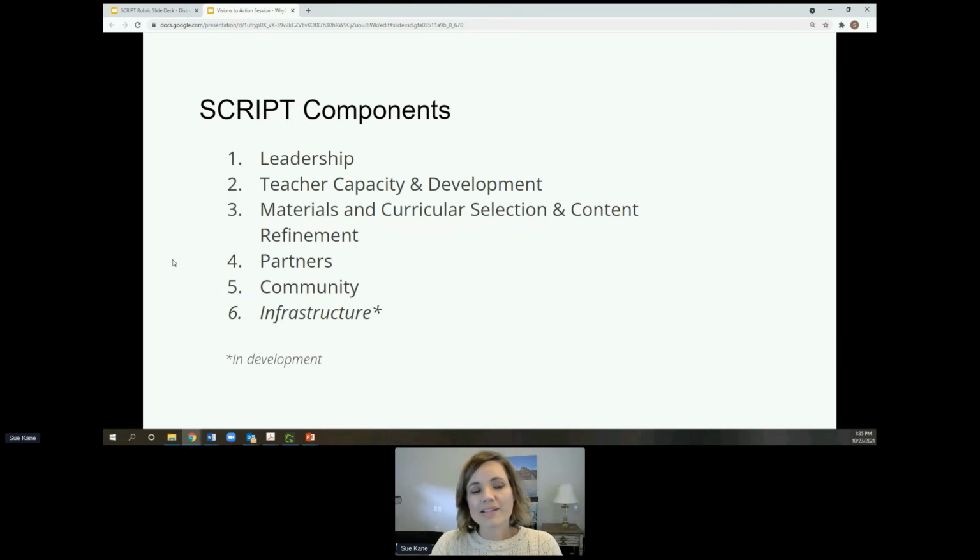And then the last one is on your community and who are your community partners. Maybe there's a library that runs a program. Maybe there's a summer camp program for coding that you can get awareness of, or some opportunities for those folks to come in and reinforce what you're trying to do.